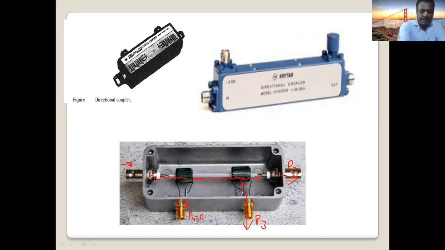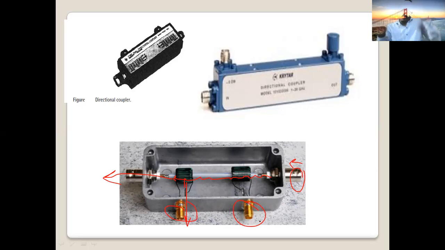When you apply the signal in the reverse direction, this becomes the input port. So the signal comes here. Now there is no division here. The signal will not divide here. But when it reaches here, it's divided into 2 parts. One part will transmit directly, another part will come to this one. So it depends on the direction. One of these 2 ports can be the isolated port or the coupled port.